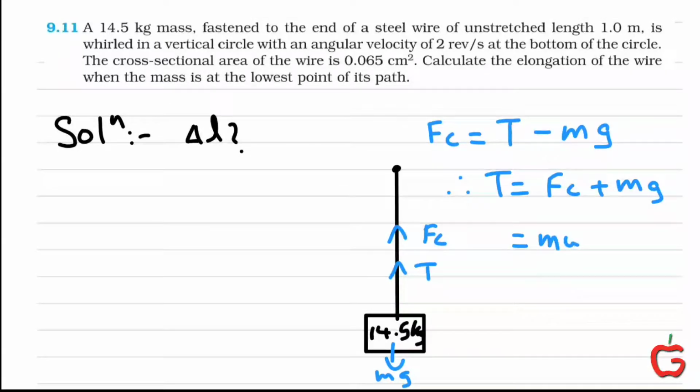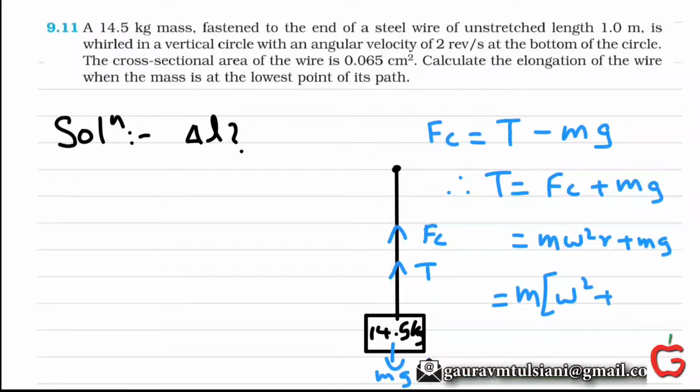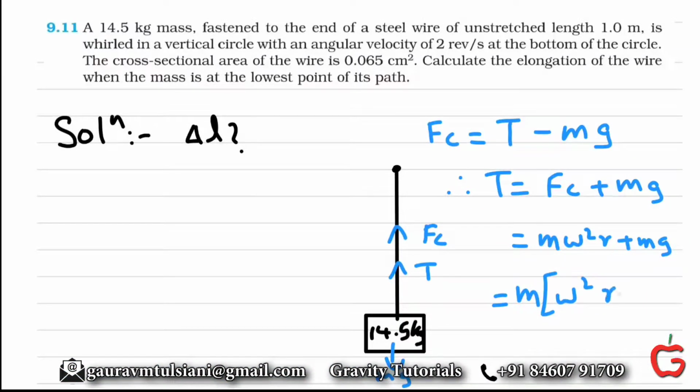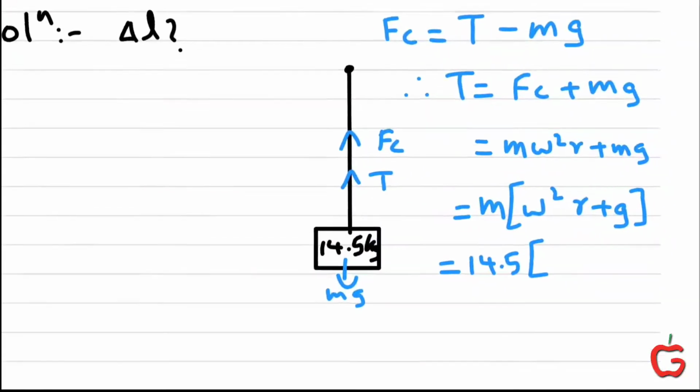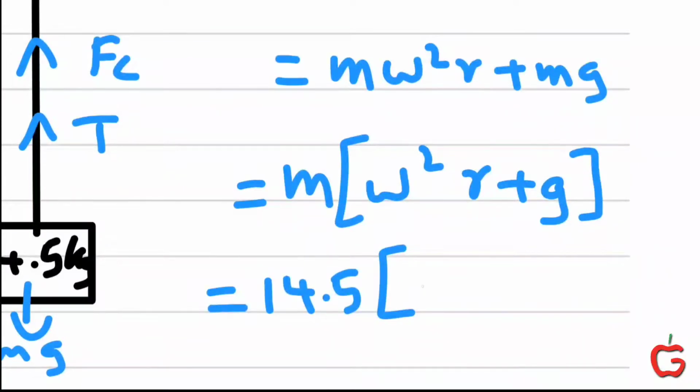Centripetal force is m omega square r plus mg. So this is m omega square r plus g. So this gives us 14.5 times omega. Omega is 2 revolutions per second. So we can't take a revolution to be a standard unit. So we have to multiply by 2 pi to it, squared.